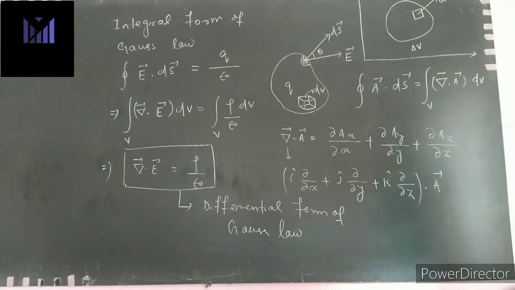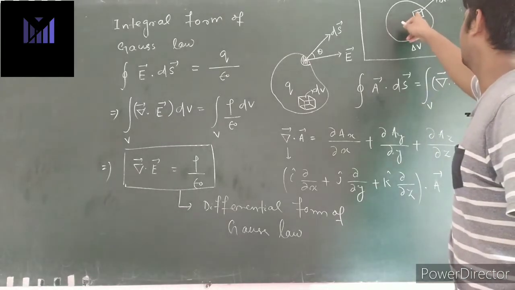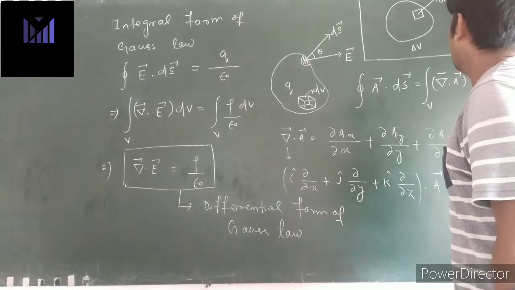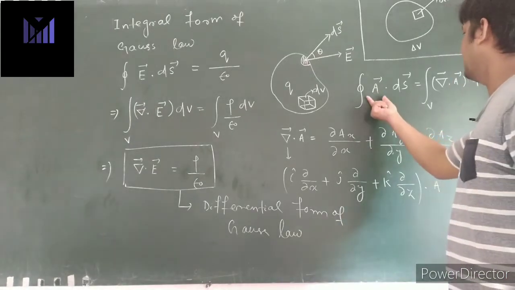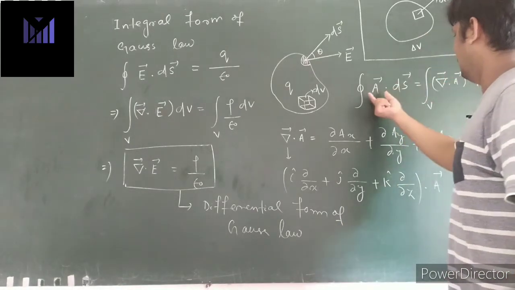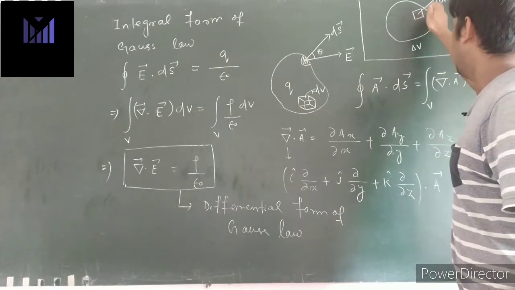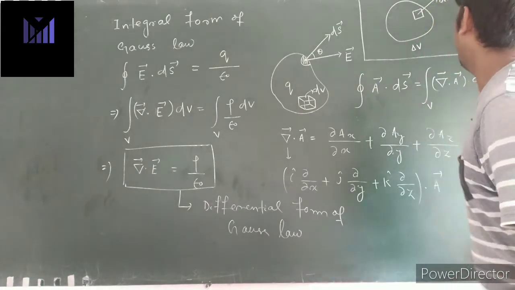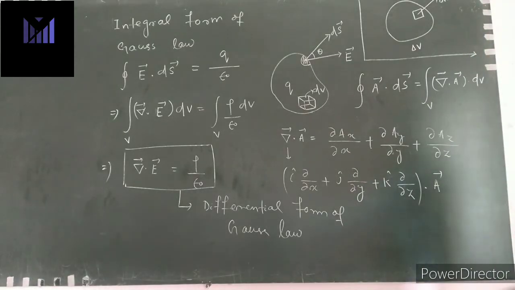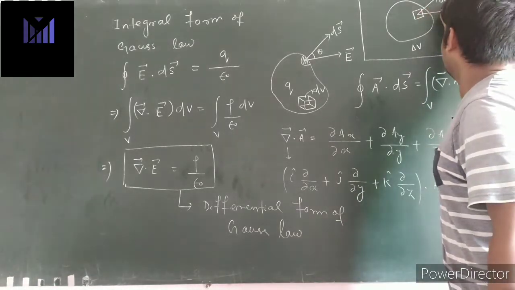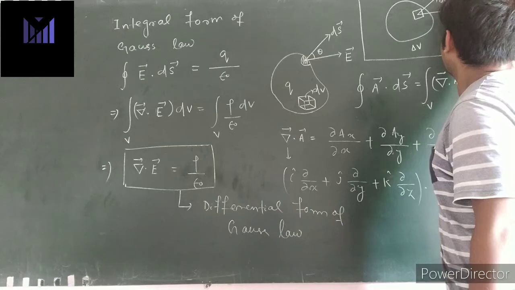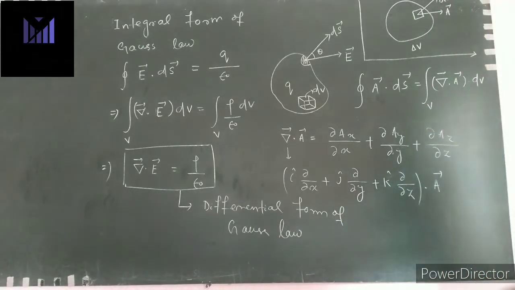At that surface, an arbitrary vector A is present at the point where we have assigned the surface element, directed in this direction.